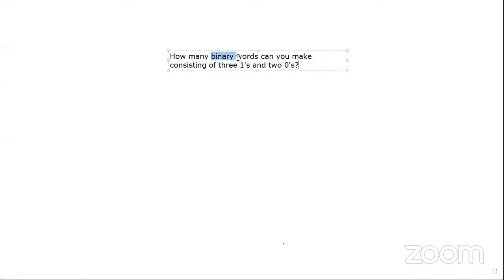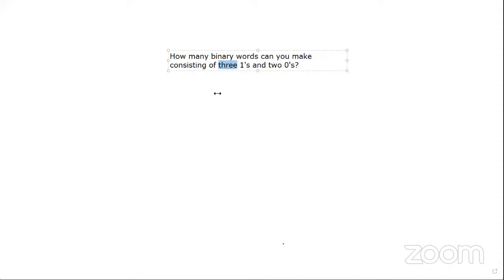So binary consists of just two numbers, in this case 0 and 1. Can you make words consisting of 3 ones and 2 zeros?